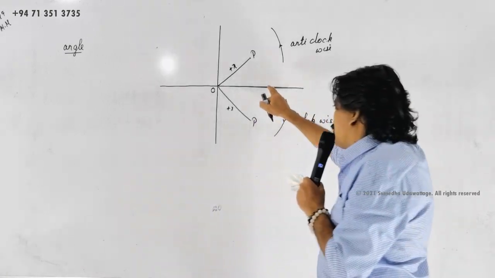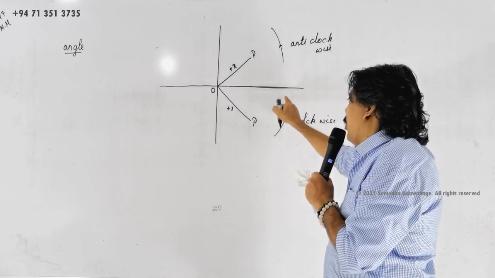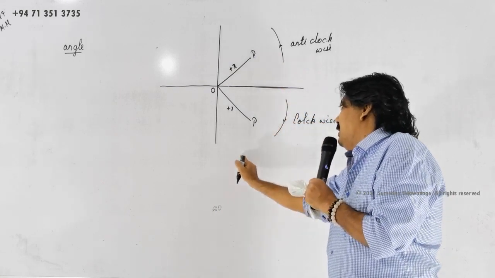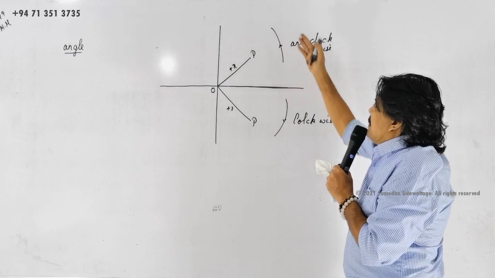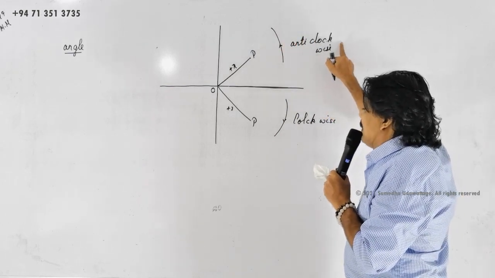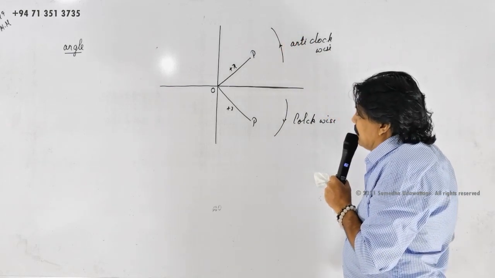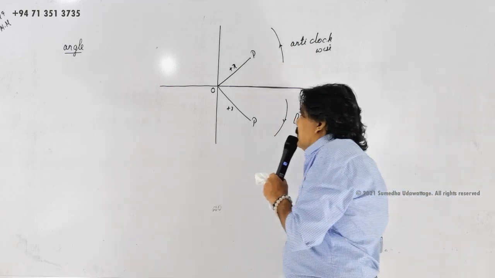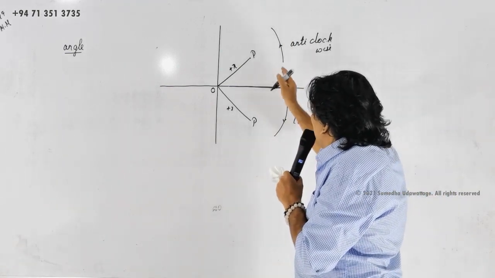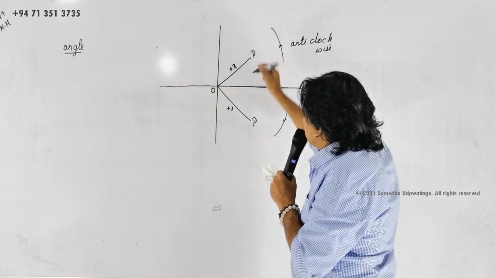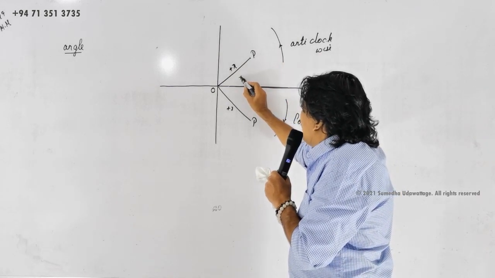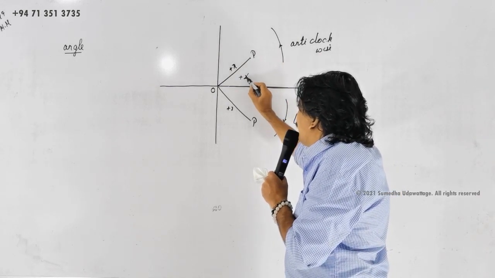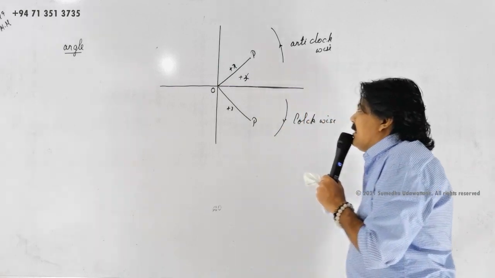Clockwise is the direction in which the hands of a clock move. The opposite direction is anti-clockwise. Now, in mathematics, when OP turns anti-clockwise, the angles created are defined as plus angles.